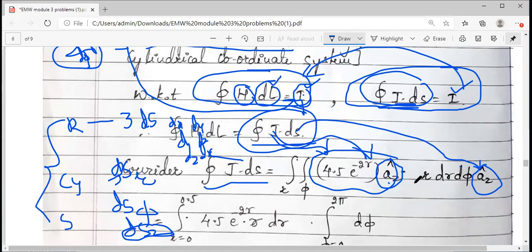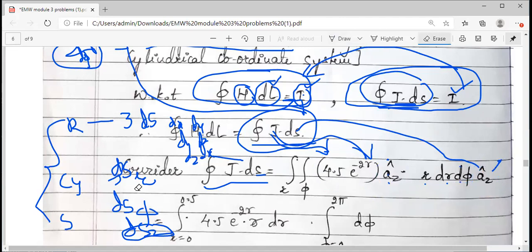If you go for that, it is r into dr into d phi. You can just cross check this. I have given you the list of dS and dV for different coordinate systems. So in that, if you check the list, dS for cylindrical coordinates in az direction is r into dr into d phi. So I've substituted that.